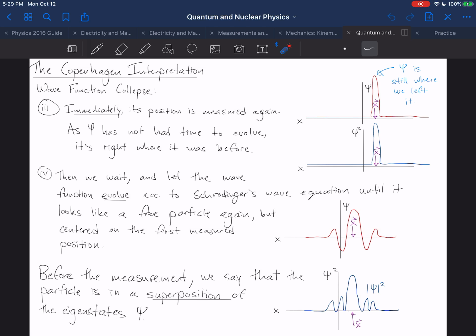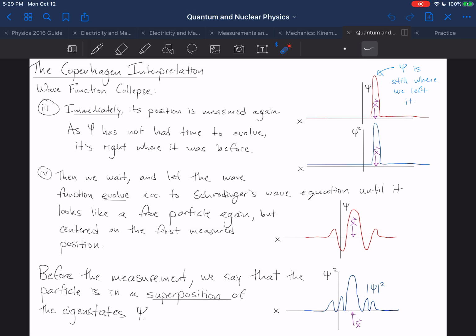Psi is still where you left it, and the particle is still where you left it. But what if you wait and let the wave function evolve according to Schrodinger's wave equation? This spike eventually mellows out and spreads out until it looks like a free particle again, but now centered on this measured position.